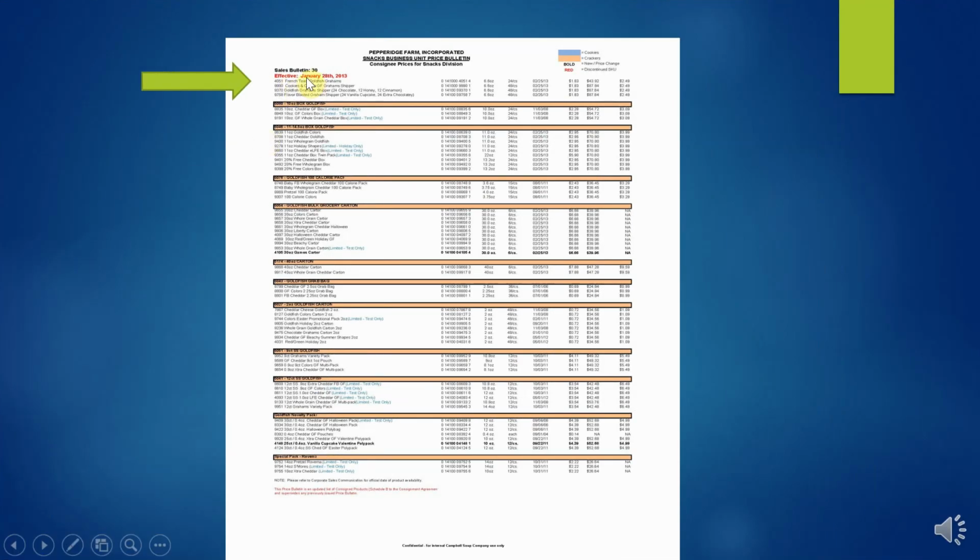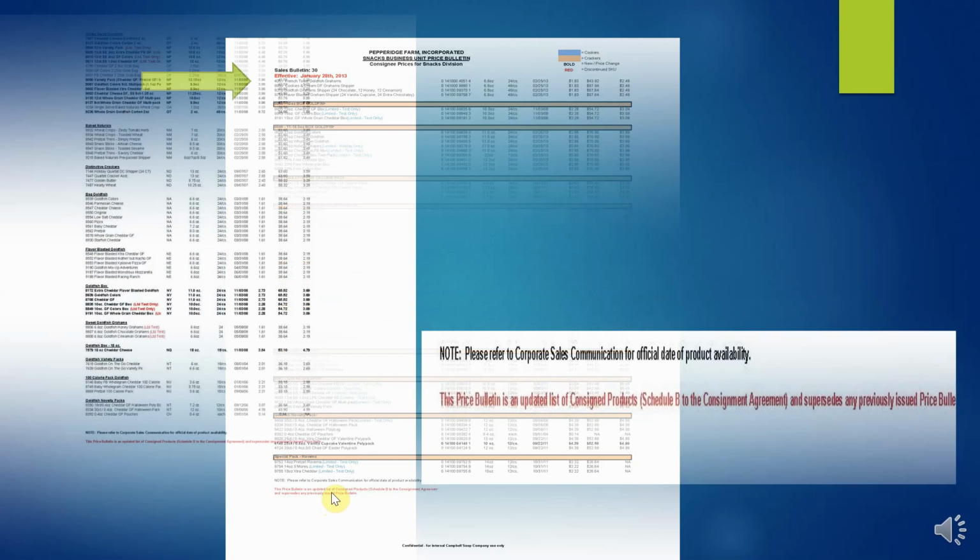Here is another one. Sales Bulletin 30, January 28th, 2013. Still looks the same. Still has the items, the UPC, the weight. Here they added how many per case, the last price change, unit price, case price, and suggested retail. But let's take a look at what it says down here.